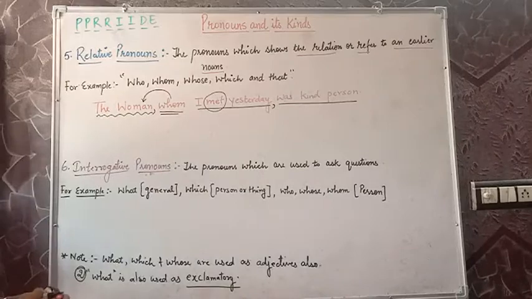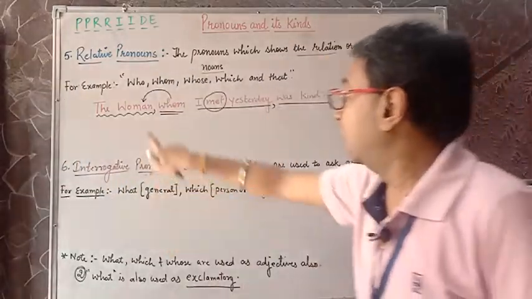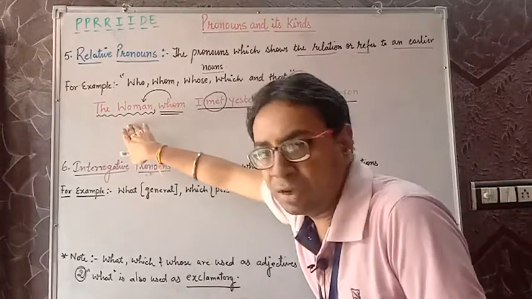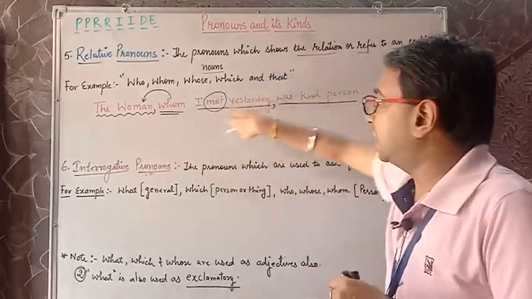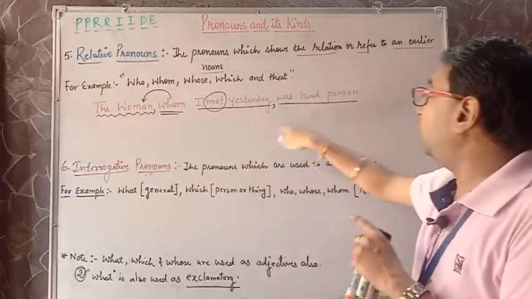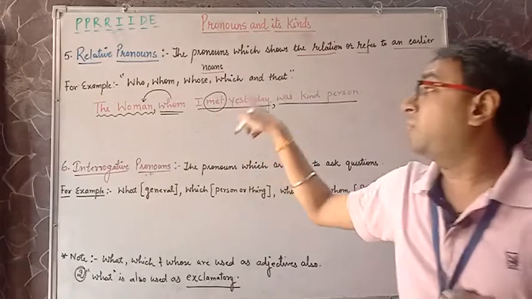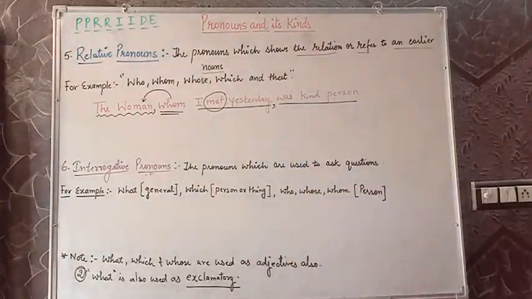That is why the commas are being put. You need to understand this. The woman we have introduced, whom I met yesterday, is one part, because I am talking about the woman. What kind of lady she was? She was a kind person. So that's why we have put the commas in this.